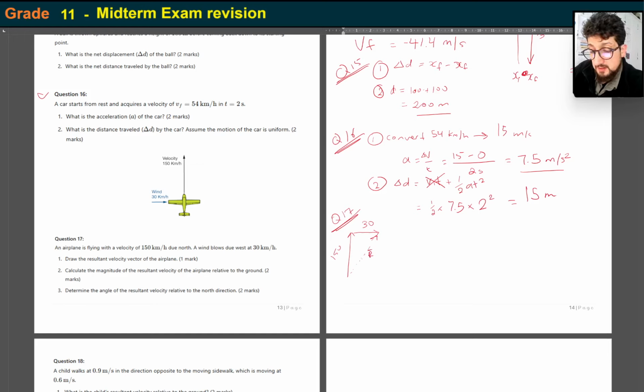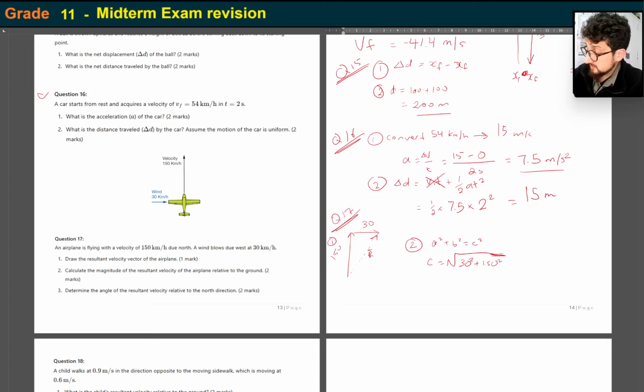Okay, calculate the magnitude of the resultant vector relative to the ground. So obviously the magnitude is going to equal a squared plus b squared equals c squared. So c is going to equal the square root of 30 squared, which is 900, plus 150 squared, which is 22,500.